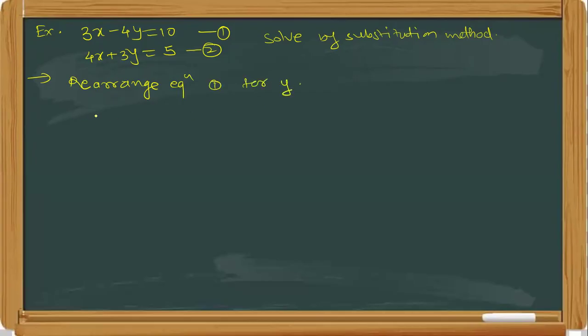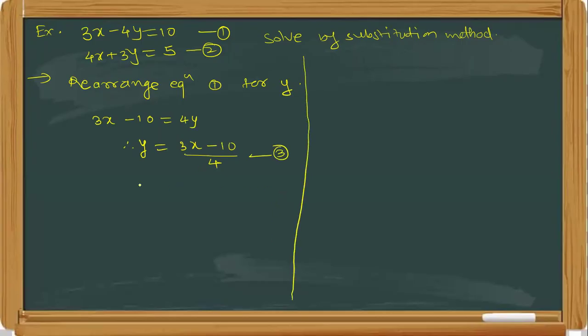Then it will be what? 3x minus 10 equals 4y. Therefore, y equals 3x minus 10 divided by 4. Check whether you have got this rearrangement for y.